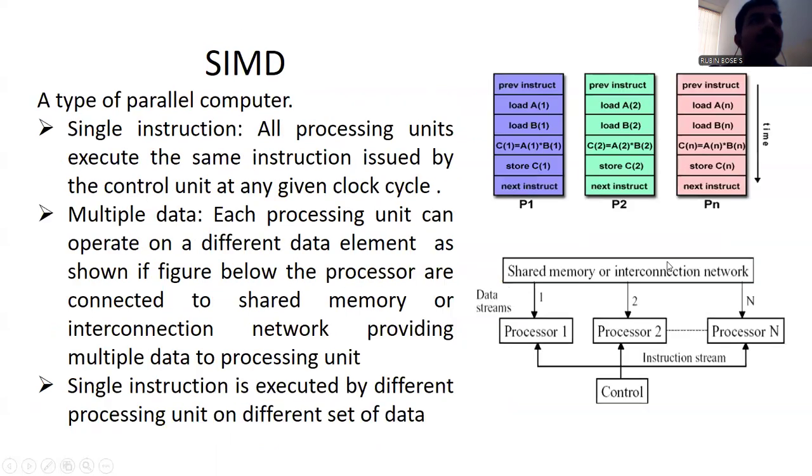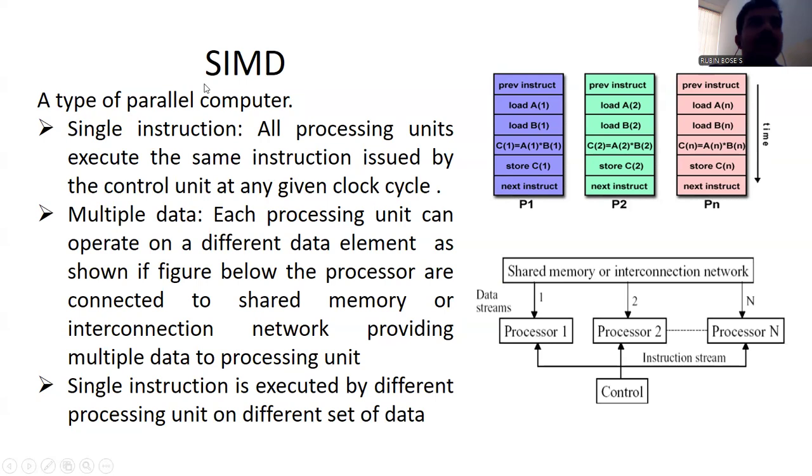The second type is SIMD, single instruction, multiple data. Here we have a single control unit, multiple memory units, and multiple data available. Each processor will process different data, but the instruction given to the processors is a common one.